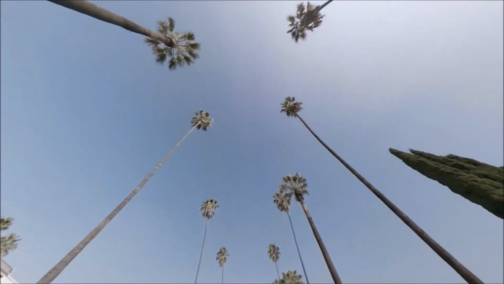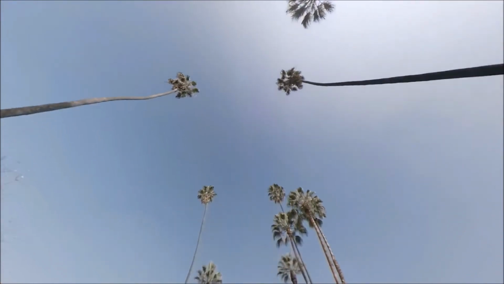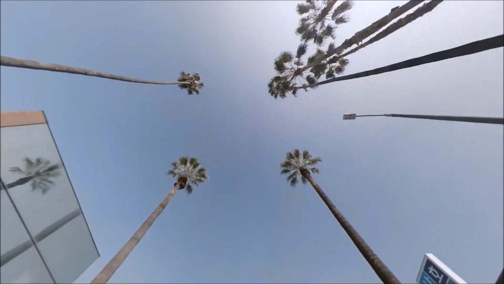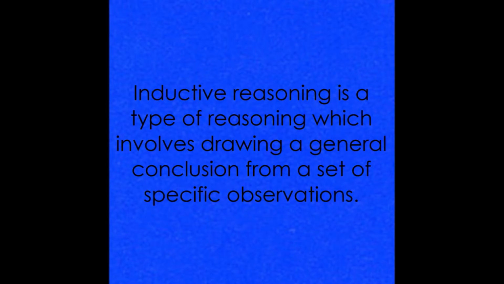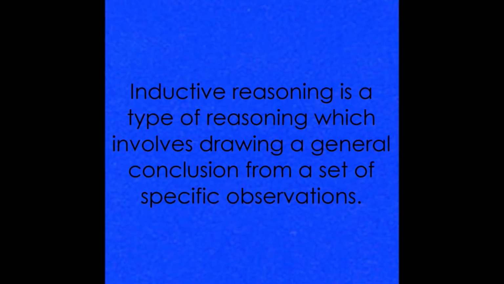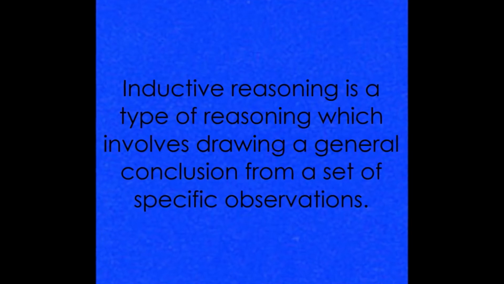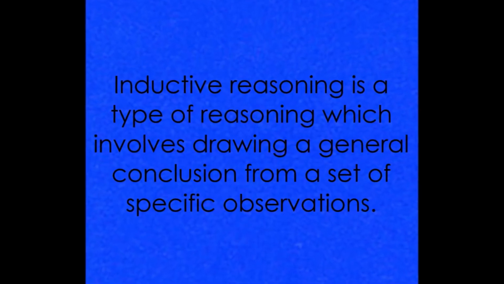This thought process is an example of using inductive reasoning, as it's a logical process based on specific past experiences, observations, or facts. So inductive reasoning is a type of reasoning which involves drawing a general conclusion from a set of specific observations.